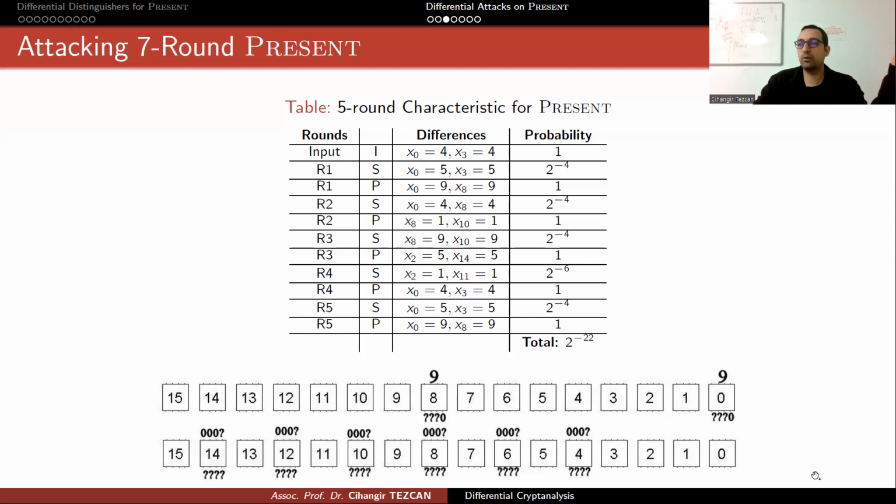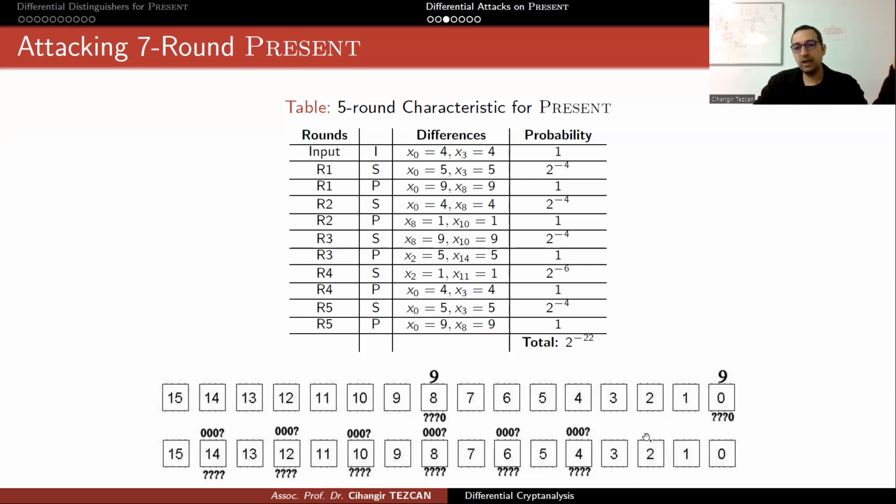So in order to perform the attack, you have to guess, there is a round key XOR at the end. So you have to guess 4 bits here, 4 bits here, and so on. So 8 times 4, 32 bits has to be captured by you or guessed or tried by you so that you can go 1 round upwards.